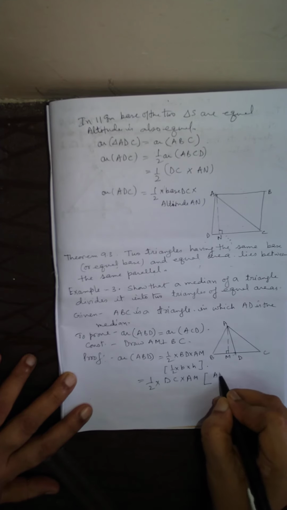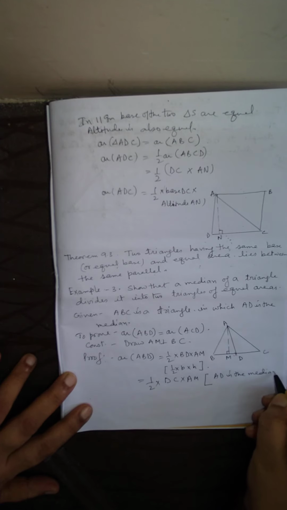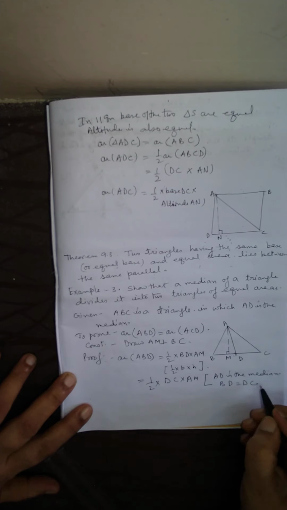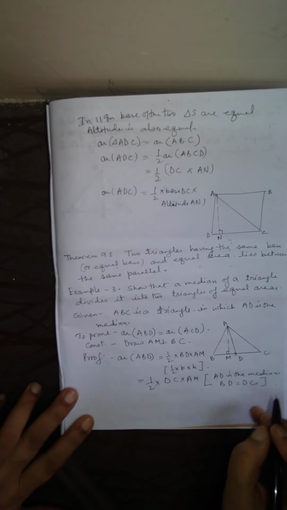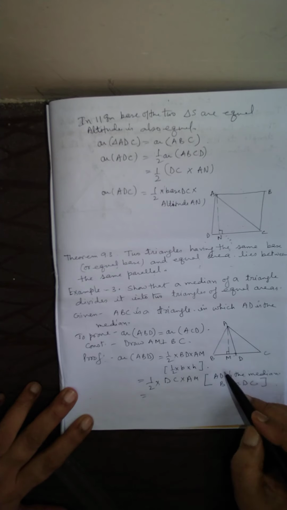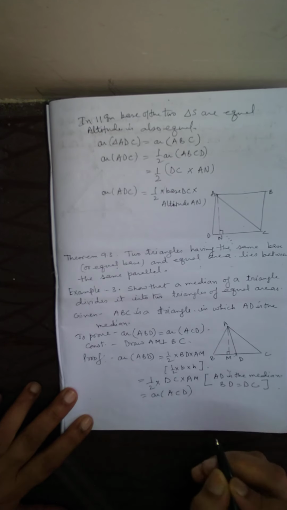Because AD is the median. So BD equals DC. And half DC into AM equals area of ACD.